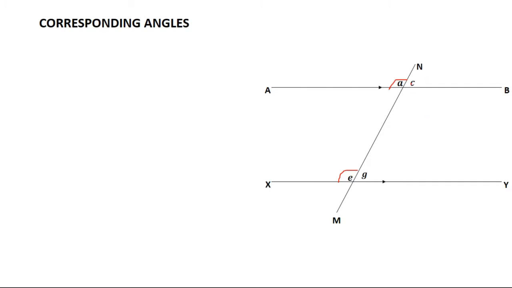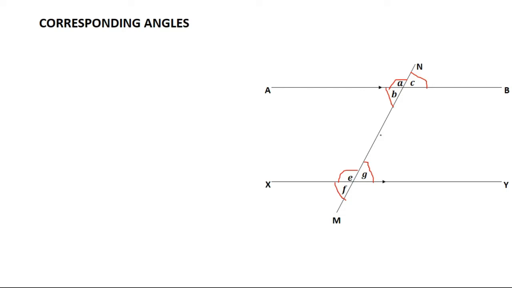In the same way, another angle will be formed here which is C, and another angle will be formed here which is G. Look at their position also well. So C is here and G is here. We say that C and G are also corresponding. Another angle will also be formed here, B, and another one formed here, F. We say that B and F are corresponding.